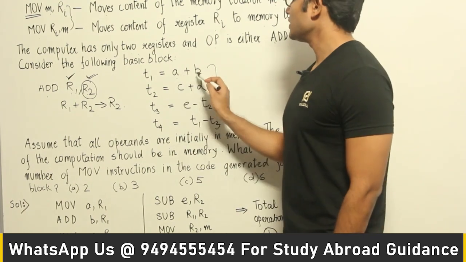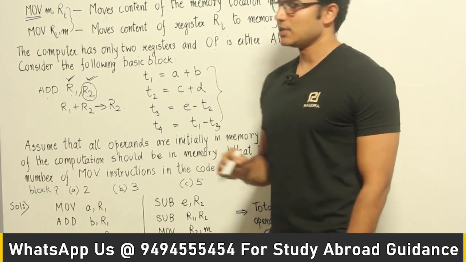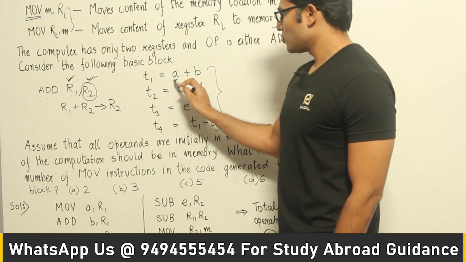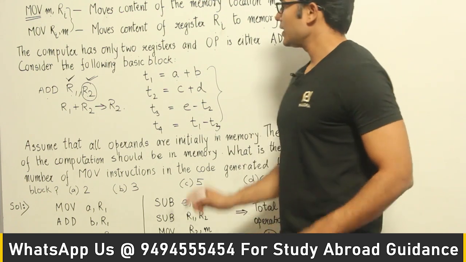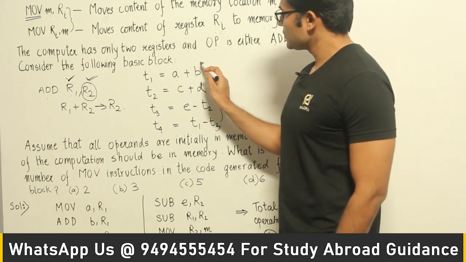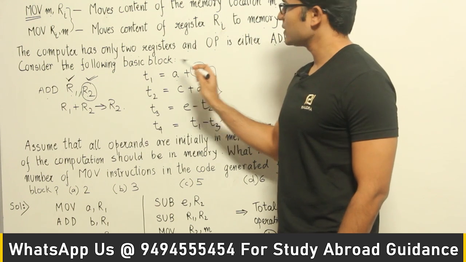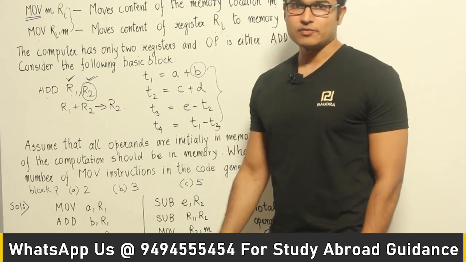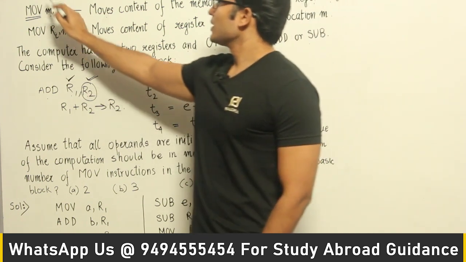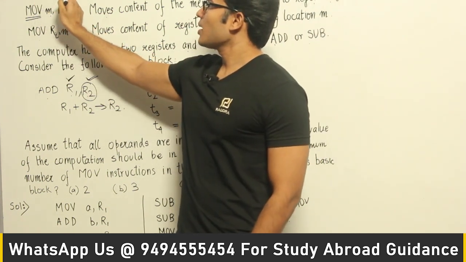Now we have a and b here. t1 is given as a plus b. Definitely in order to load these two, we would write move, but luckily, once you load one of them into a register, the other one can be fetched by the operation itself, which means if you see this, there is op m comma ri.